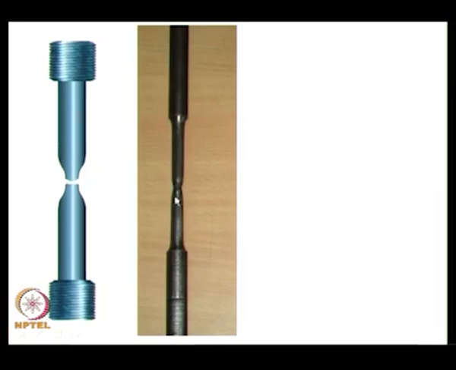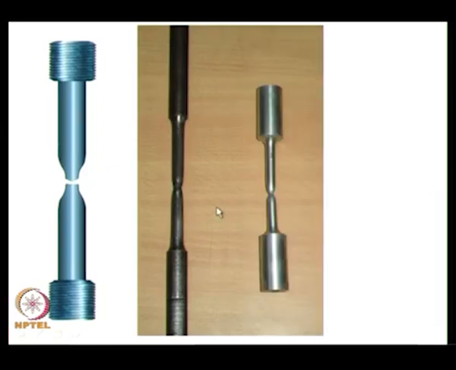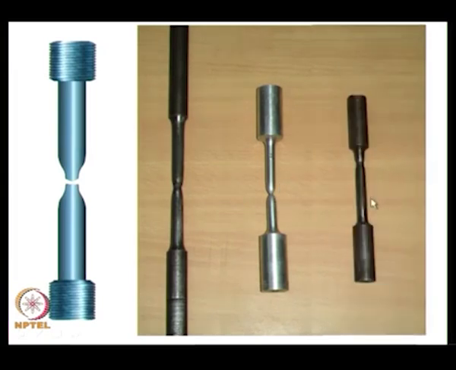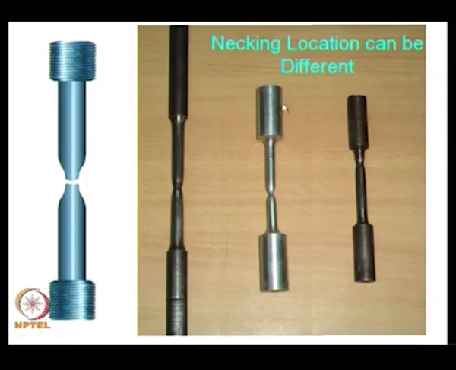You have one example, you have another example. This is of an aluminum specimen. There is a third example, this is on steel. These are done at various points in time, and what these specimens show is necking location can be different.